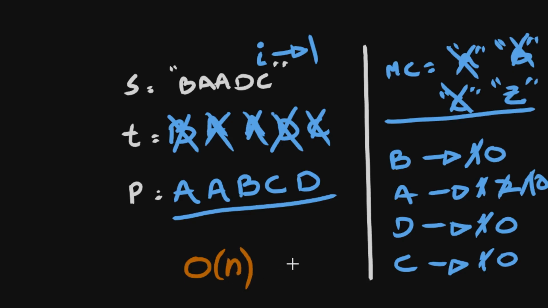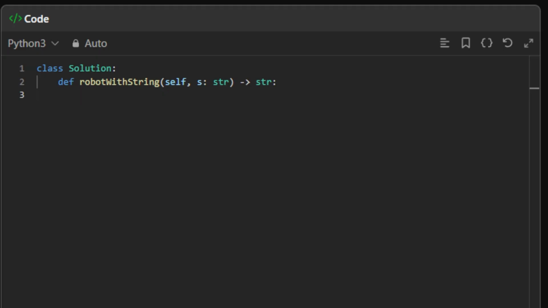And now let's go with the code and hopefully you will get the idea. First we are building the frequency map, so map equals default dictionary, and we will use a default value of 0 for every key. So here we use the word int. And now for every value in S, map at the current character plus equal 1.